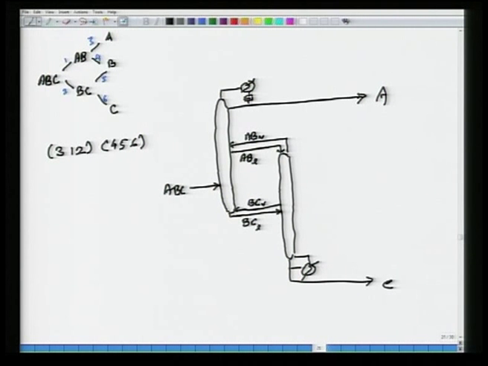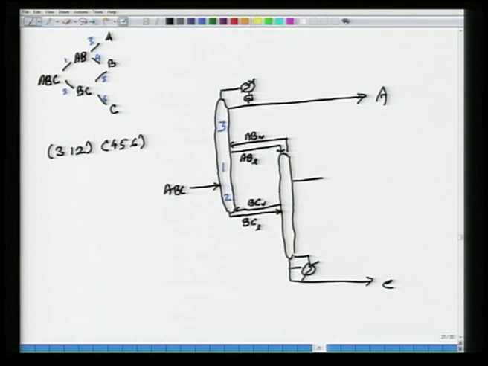Yeah. So let me just label the column sections. This is column section 2, this is column section 1, this is column section 3. So if I go down, this is AB. If I go down, A being light cannot go down, there will come a location where I can get pure B. Similarly, if I go up, there will come a location, C being heavier cannot go up.